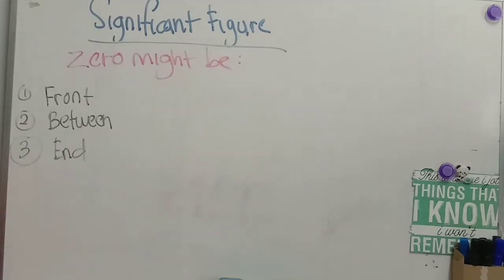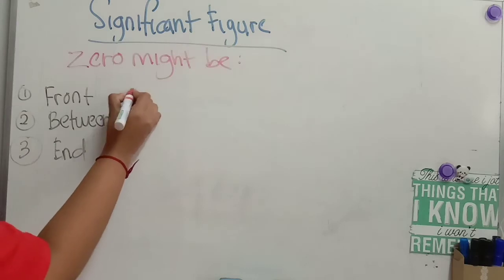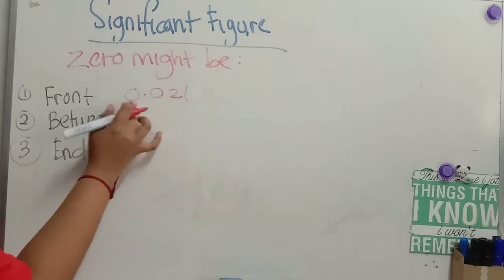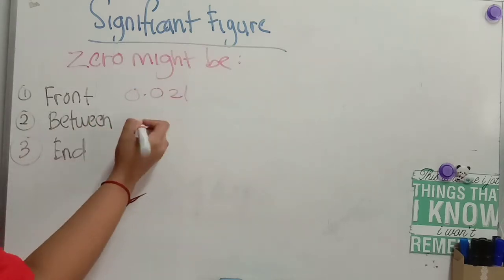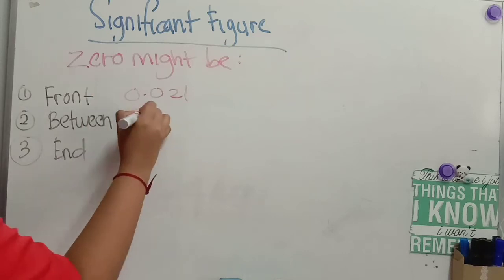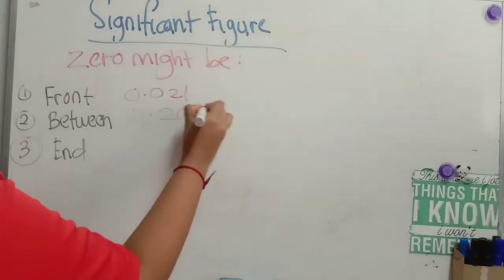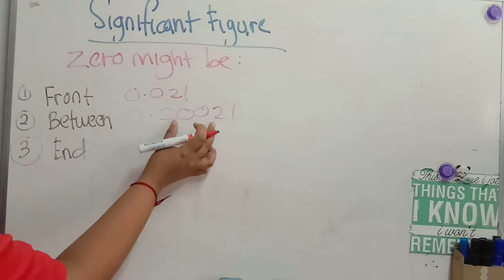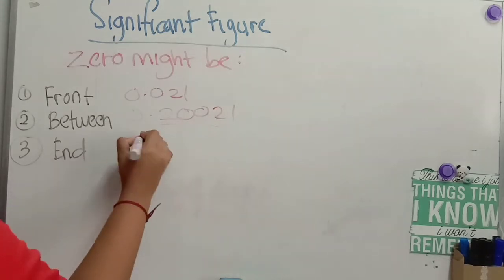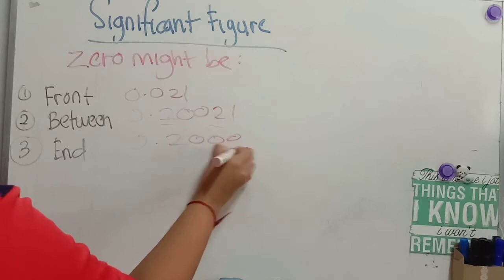Now, as I said, the zero can be in front of the number, in between the numbers, or at the end of the number.